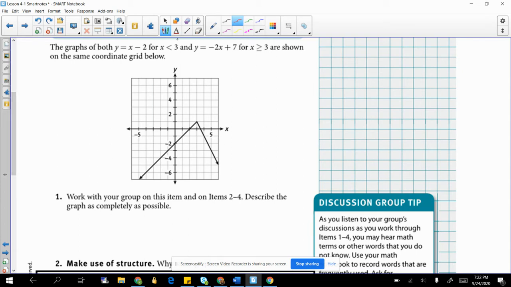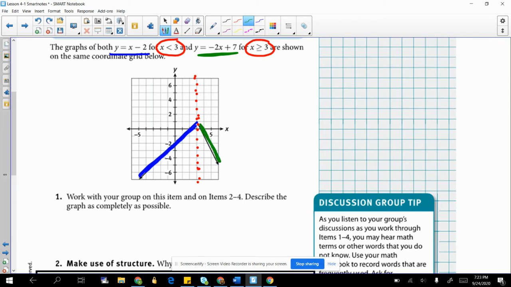Okay, so this right here and this right here are basically limitations, or what I'm going to call how you know where your fence is. Basically, it's saying this graph can only happen where x is less than 3. And this graph, or this line, can only happen where x is greater than or equal to 3.